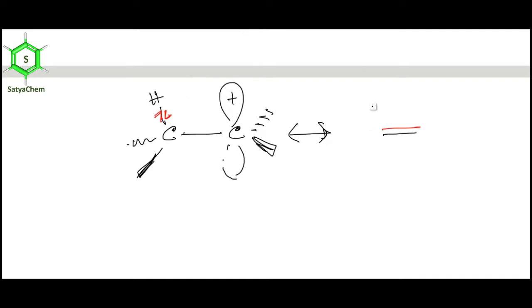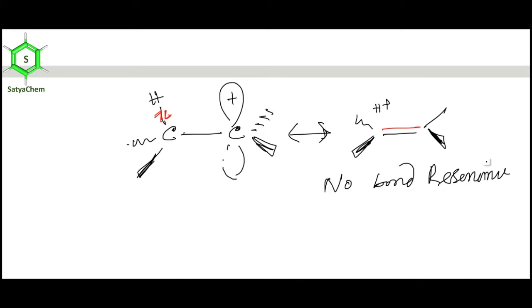Now it will be H plus. This is very simple. The sigma electron gets delocalized and forms a pi bond, and H plus is situated near this pi cloud. From this point of view, we can say that hyperconjugation can be called no bond resonance.